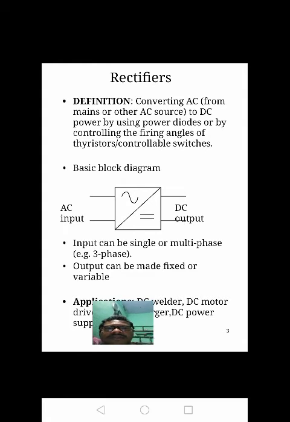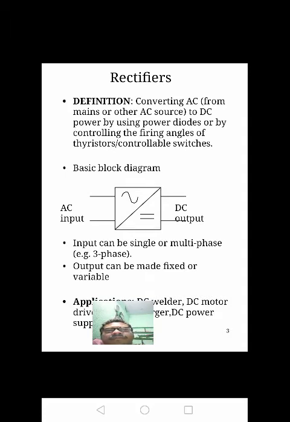Firstly, rectifiers. Definition of the rectifier: converting AC to DC power by using power diodes or by controlling the firing angles of thyristors or controllable switches. Here the conversion takes place in two ways: power diodes, or by controlling the firing angles of the thyristors.